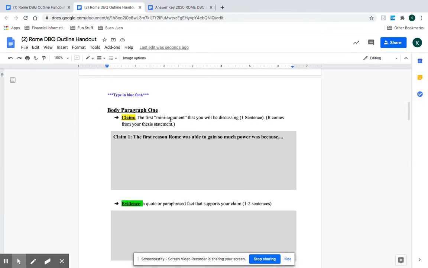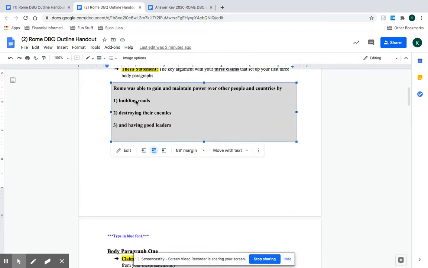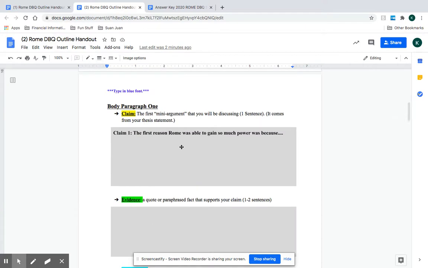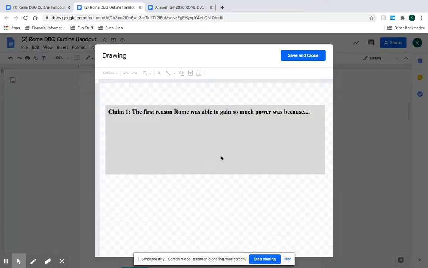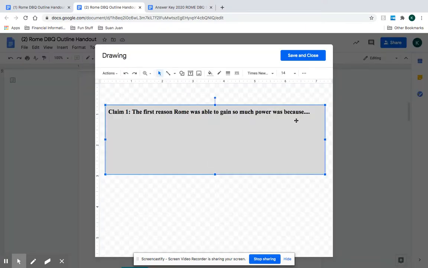So the claim is the mini argument that I will be discussing. It is 1 sentence, and it comes from the thesis statement, aka right here. Claim number 1. The first reason that Rome was able to gain so much power was because, and all I'm going to do, you guys, is paste right there. But if I read this out loud, it doesn't quite work, right?